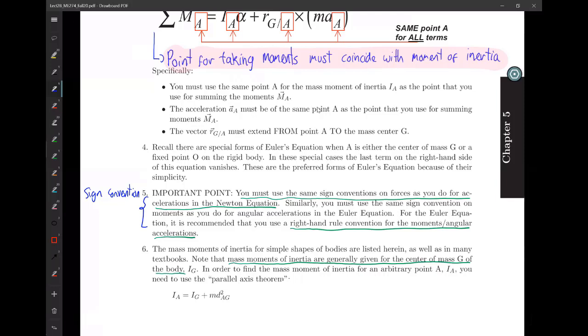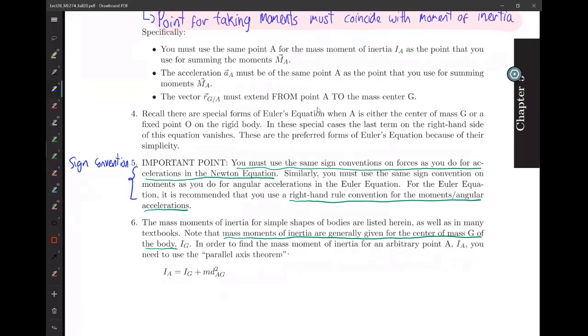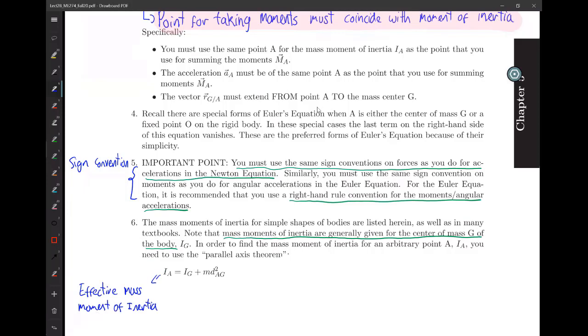Moment of inertia. Moment of inertia is a very, very important quantity, and we can calculate it about any point we want. It doesn't need to be even in a rigid body, but typically we calculate it about a point inside a rigid body. And what is very important to remember is that this is the effective inertia that the body presents or makes you feel when you try to push against it, to move it.